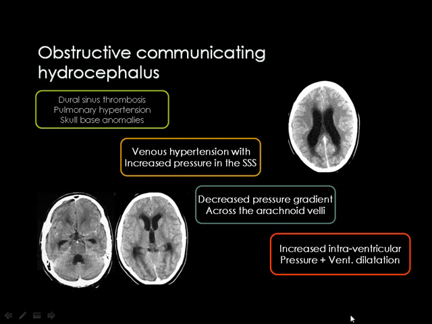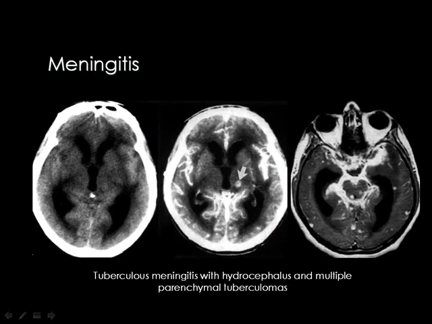The difference is that the obstruction in the subarachnoid space will not affect all the arachnoid villi totally. Then there will be some arachnoid villi working for the drainage of the CSF. Then in obstructive communicating hydrocephalus you will not see ballooning of the fourth ventricle, but in cases of atresia, you will see ballooning of the fourth and ballooning of the third as well.